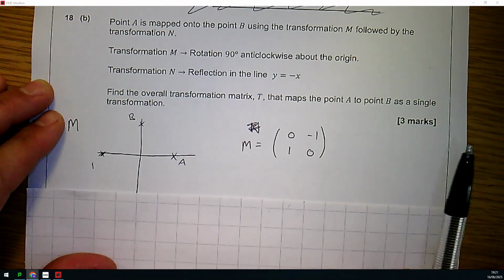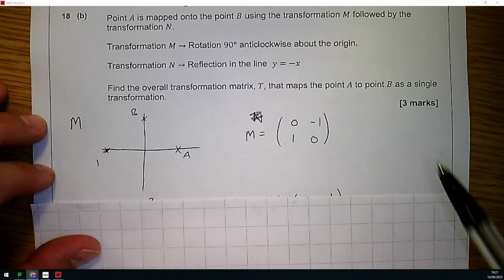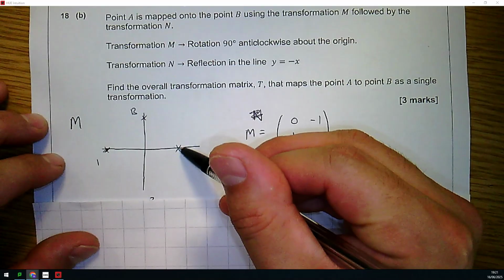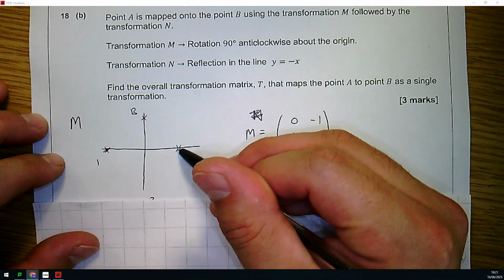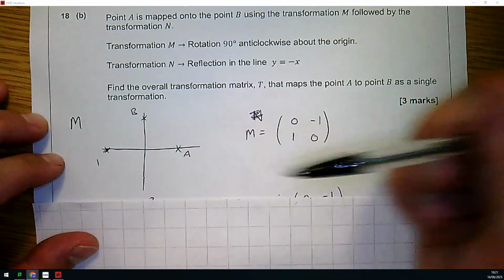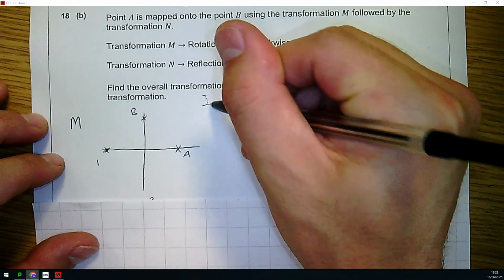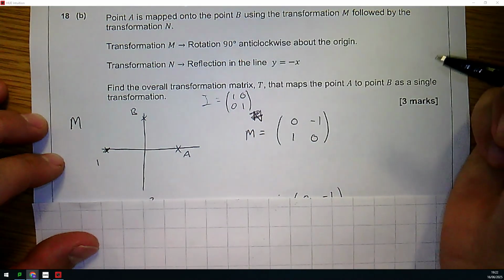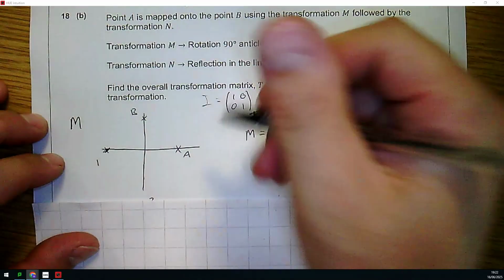So for transformation matrix M, we mark on the points A and B, and A will always be 1, 0, and B will always be 0, 1. And that comes from the identity matrix, 1, 0, 0, 1. All coordinates are written in column vectors.